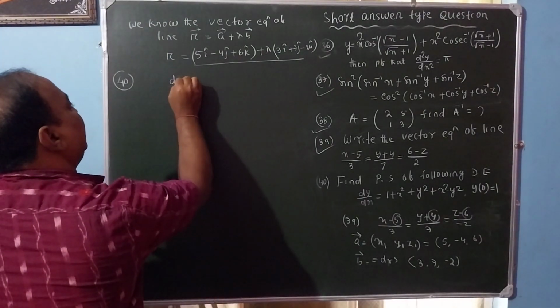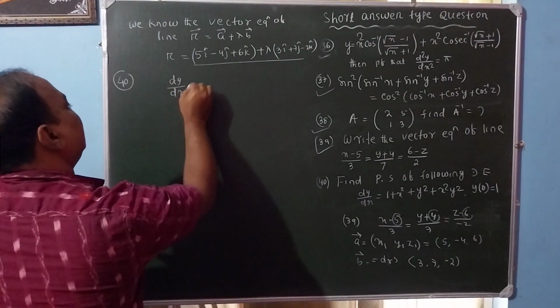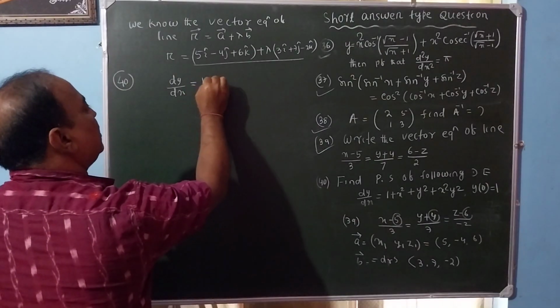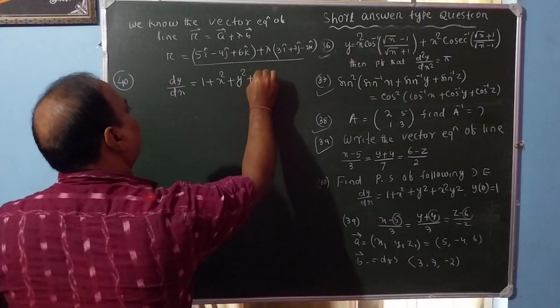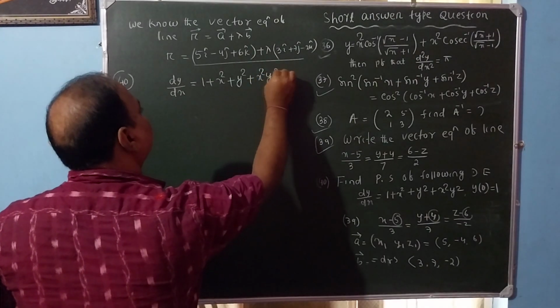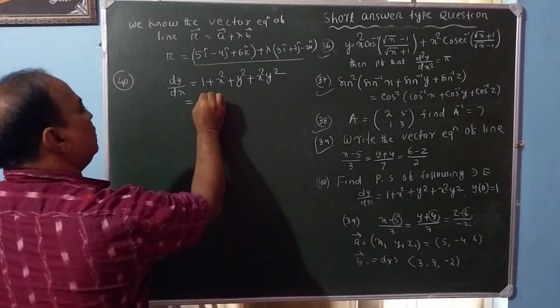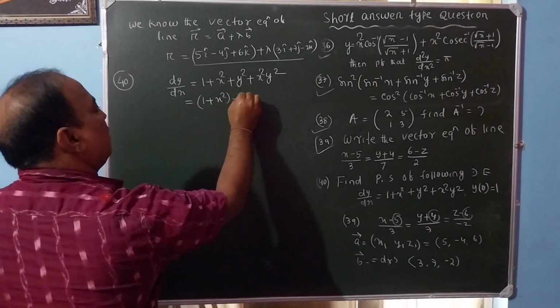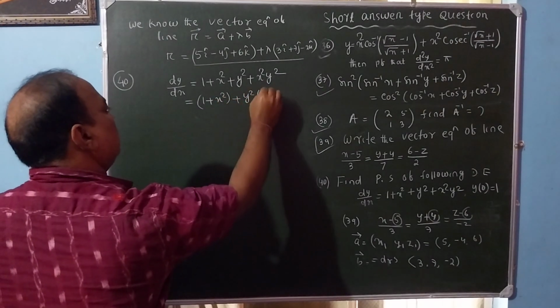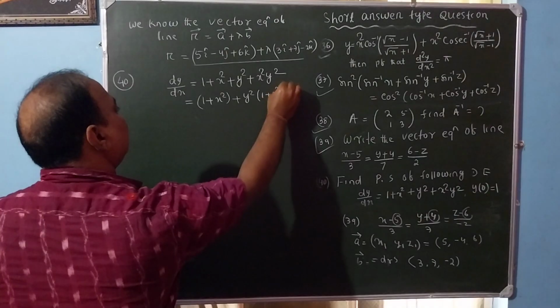dy by dx is equal to 1 plus x square plus y square plus x square y square. So here 1 plus x square, here y square taking common, 1 plus x square.